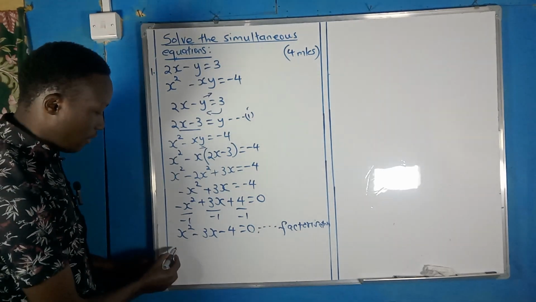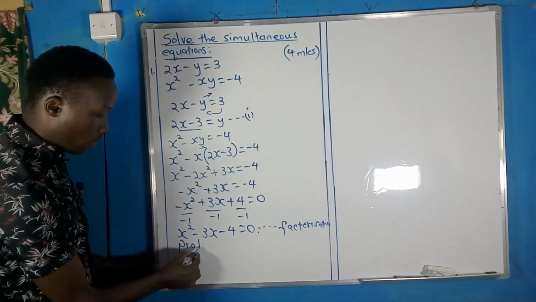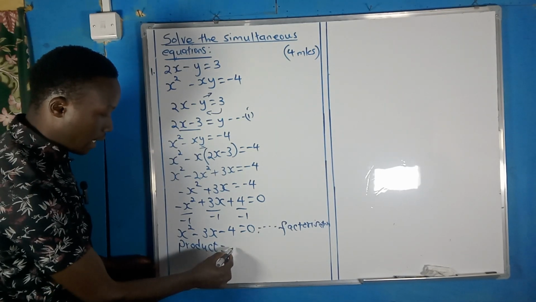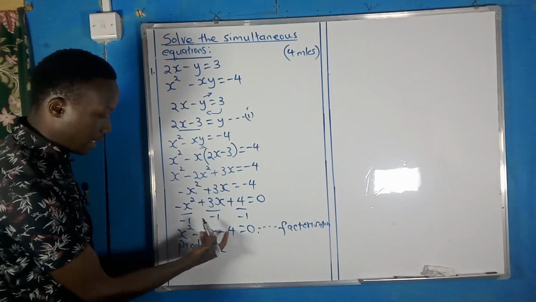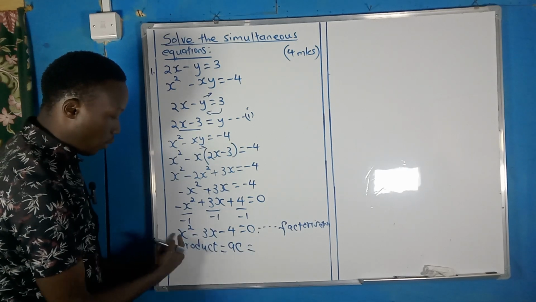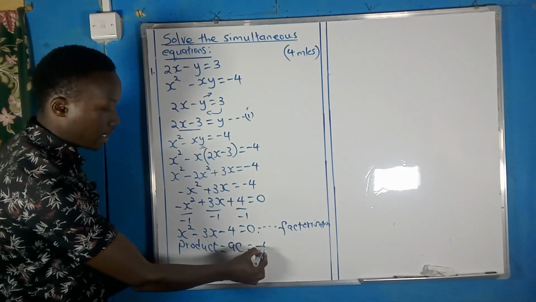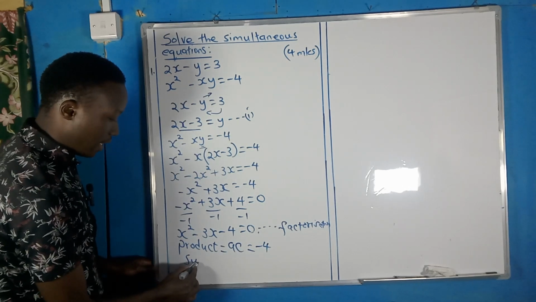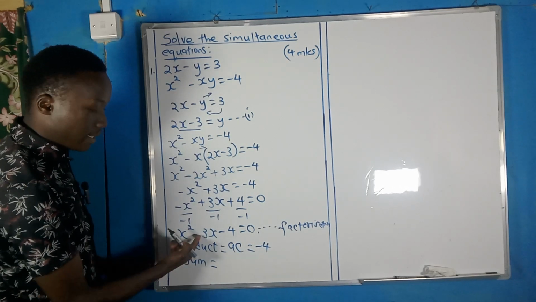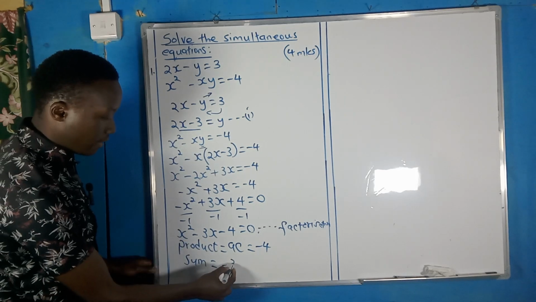And we said the first thing we find is what we call the product, and the product is the product of A and C, which we said is 1 and negative 4 will give us negative 4. And then we have the sum, and our sum is our B, and our B is negative 3.